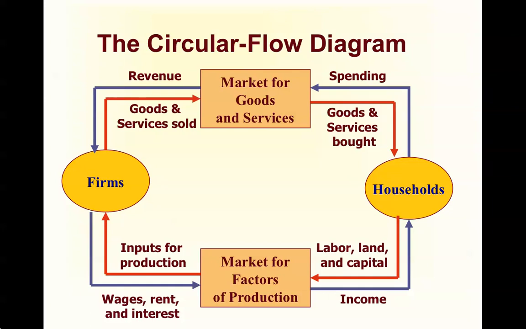Firms wear two hats. They are buyers in the factor market and sellers in the product market, whereas households are buyers in the product market and sellers in the resource or factors of production market.